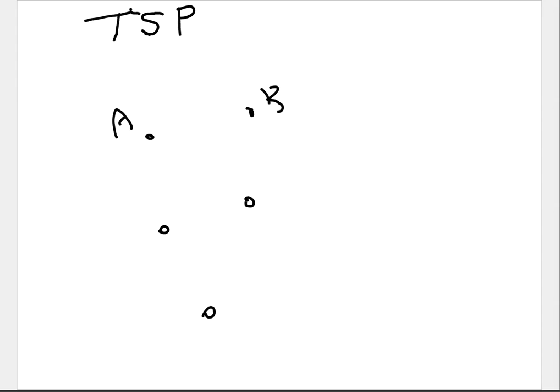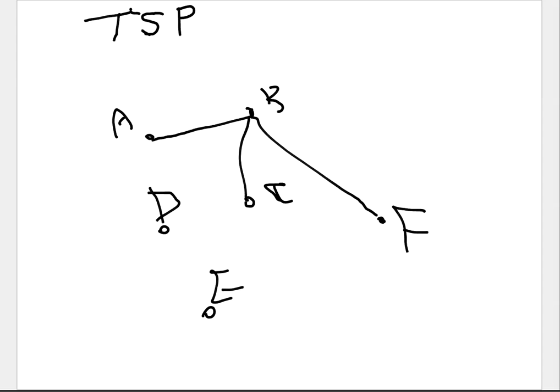For example, we have some points or some cities and each of these cities has a distance. For example, the distance between each city. We want to find a route. A route includes all of these points because we want to go to each city one time, not 2 times.